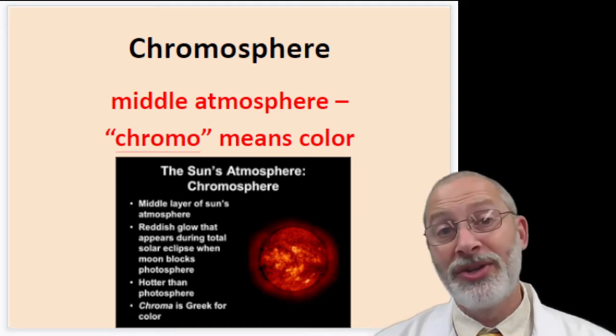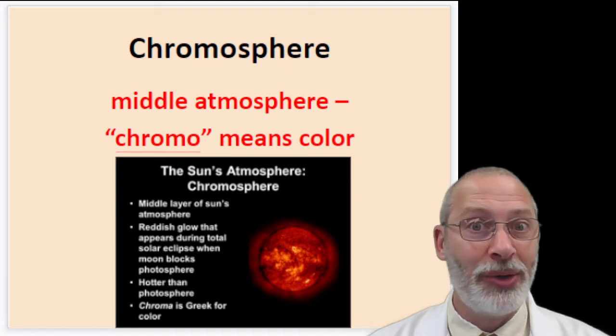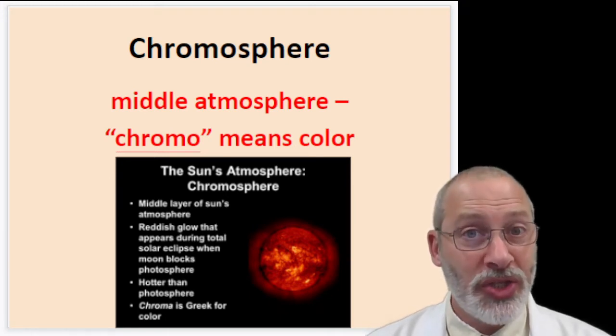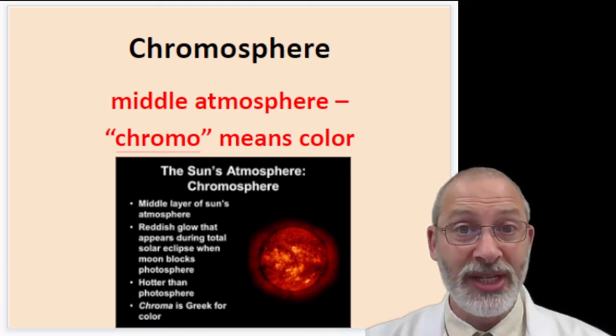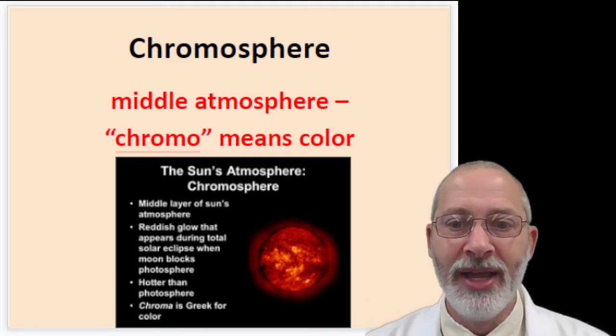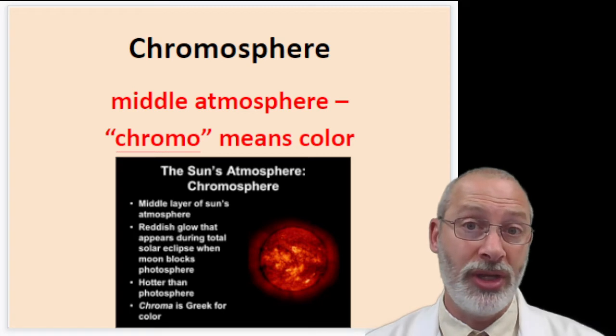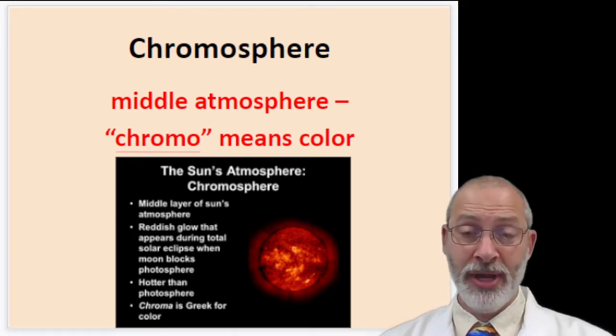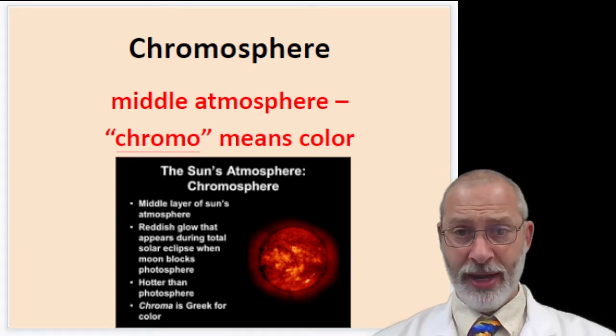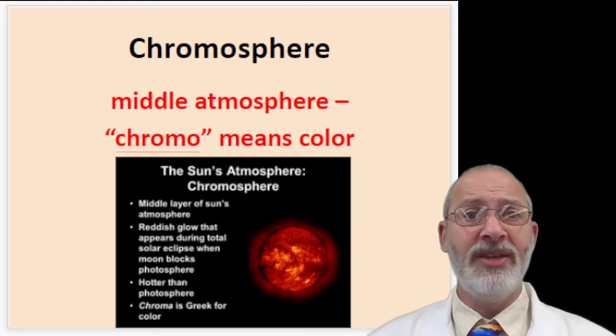Why? Because our sun is a yellow main sequence star. It produces a lot of yellow light, unless it's sunrise or sunset, and that light is refracted through the Earth's atmosphere, and we see orange and red. But the sun is a yellow star.